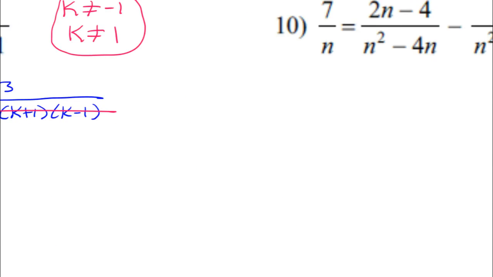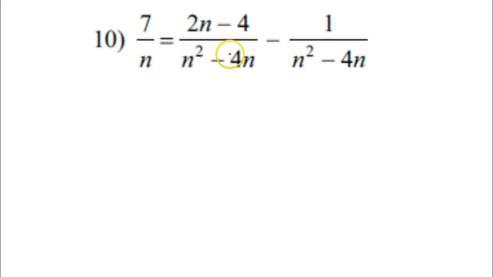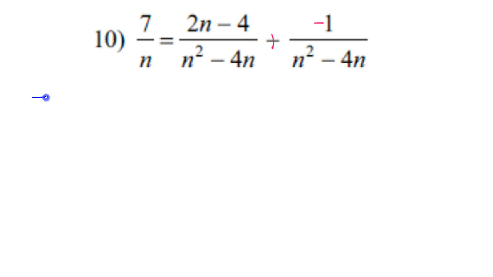Okay, one last problem, number 10. So again, I'm going to go ahead and deal with this minus sign immediately. So I'm going to turn this into a plus and put the minus up there. So let's see, I have 7 over n equals.